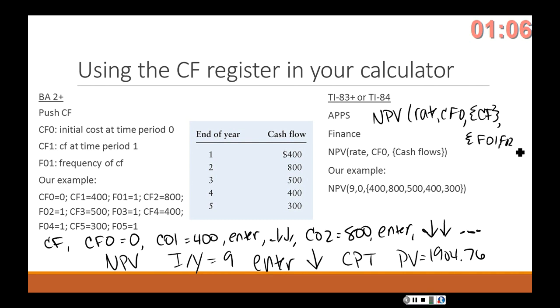So F01, F02, etc. Close braces, close parentheses. So it would be CF1, CF2, CF3, so on and so forth, close braces, then comma and frequencies. But frequencies are not necessary. It just saves you a little bit of typing time.